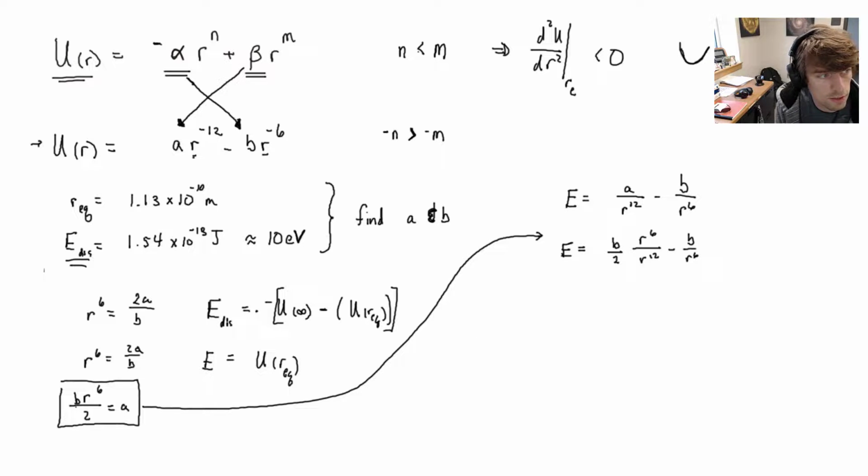Well, that's nice. At least the r to the 6th cancels against the r to the 12th, so that's a 6 now. So we get the dissociation energy times r to the 6th equals B over 2 minus B. Or, if we'd prefer, negative 2 times the dissociation energy times r to the 6th is equal to B.